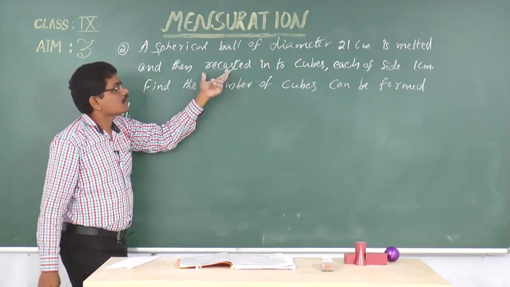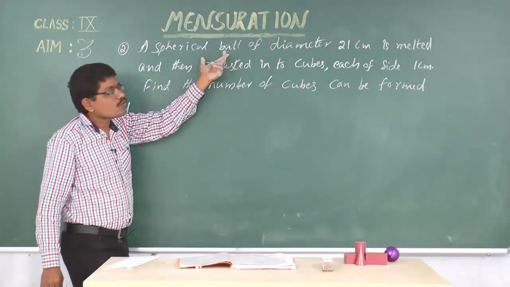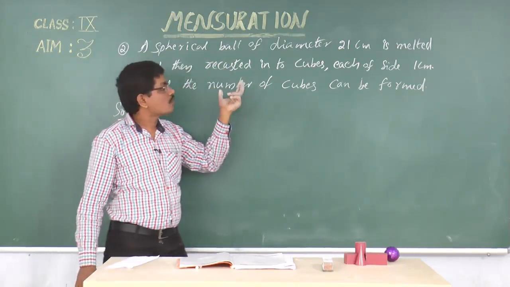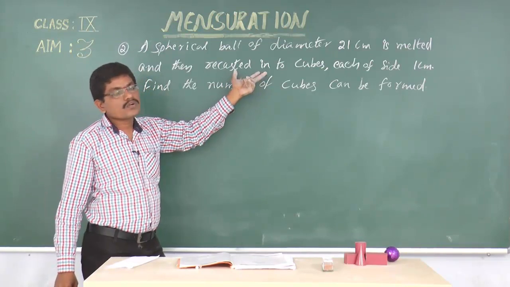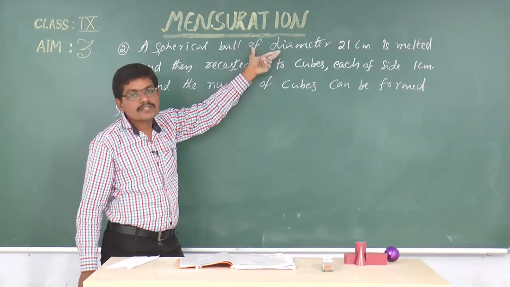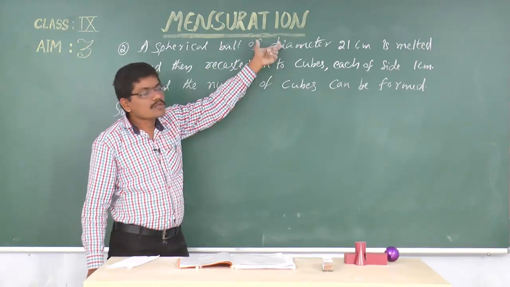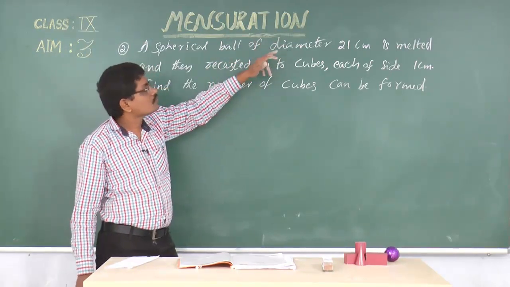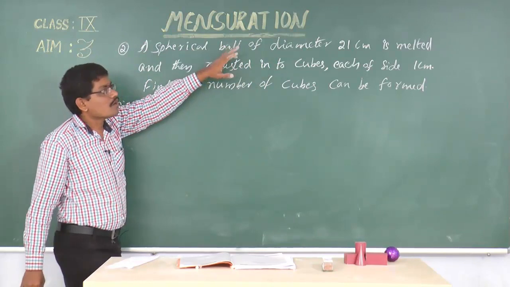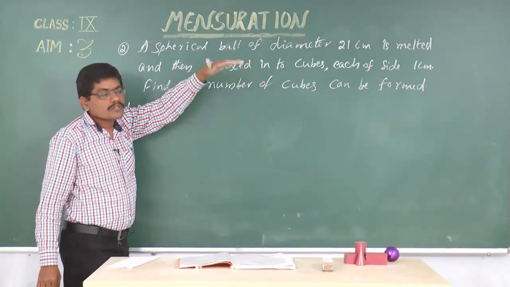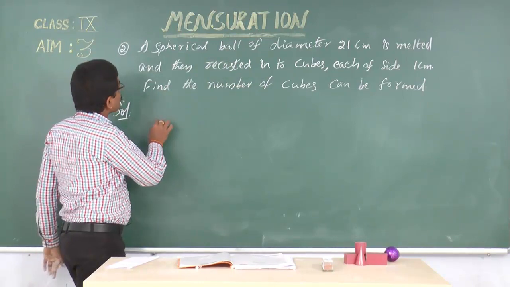Here also we are converting one shape to another shape, so the volume will be the same. So volume of the cubes is equal to volume of that sphere. First find the volume of the sphere and next the volume of the cube. Then find the number of cubes.